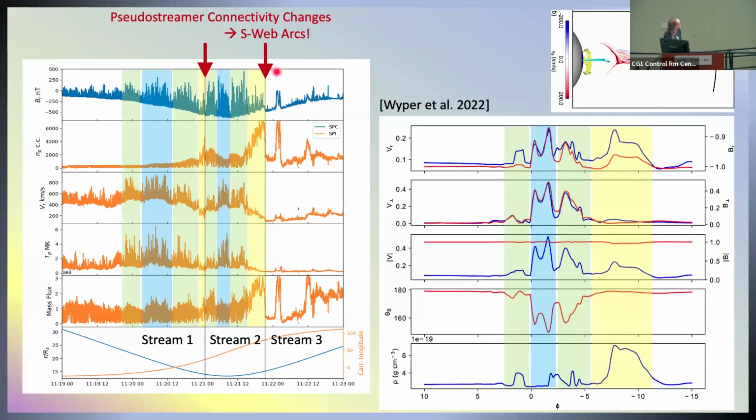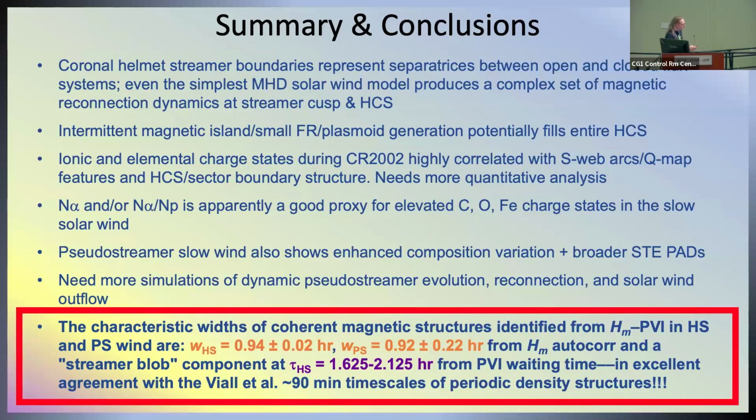And while it's not a one-to-one correspondence, because this is a very idealized simulation and this is real-life, messy solar wind, the fact that there's a density spike and then a trough, and a density spike and a trough, and the big sets of magnetic fluctuations come after the density spike in both directions, at least to me says we're sort of on the right track with this picture. We're not there yet, but I think we're on the right track. And that's it for part one. So that was the solar wind.